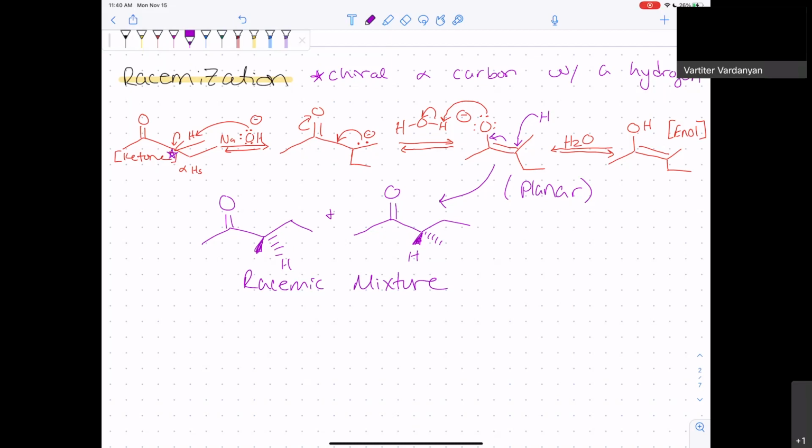So we do make the enol as a product, but what we care more about is going backwards and getting the ketone. So technically it is an enol at the end, but we want to go backwards. I don't know why they act as if this is another reaction. It's not.